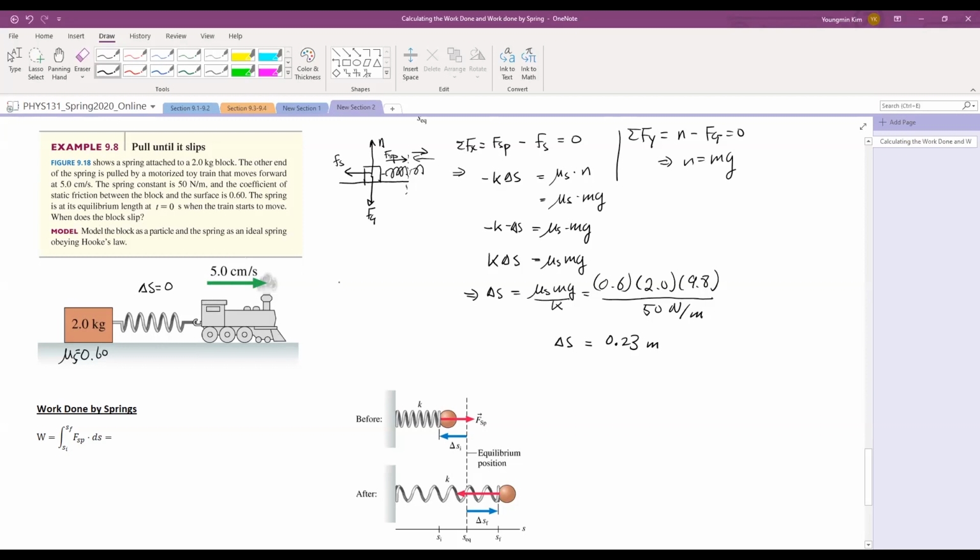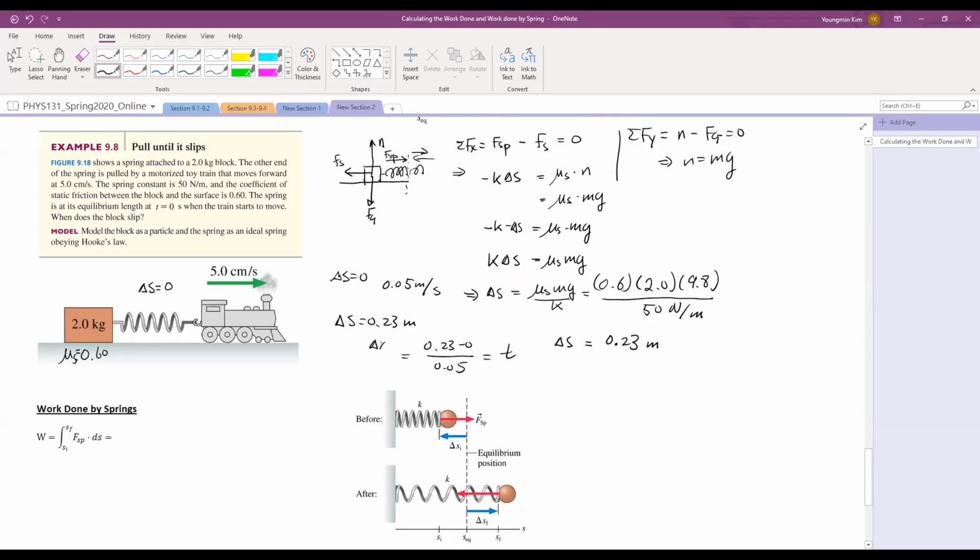So you start from delta s equal to 0, and it will slip when delta s becomes 0.23 meters, moving at 0.05 meters per second. Then we can determine the time, right? Because the change we're looking at is 0.23, and the velocity is 0.05. That will give us the time, right?